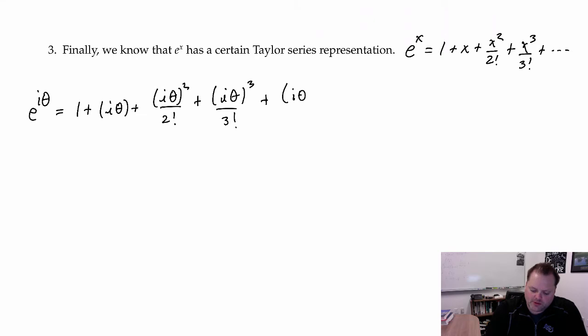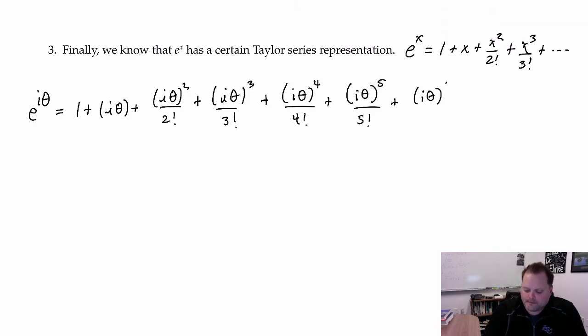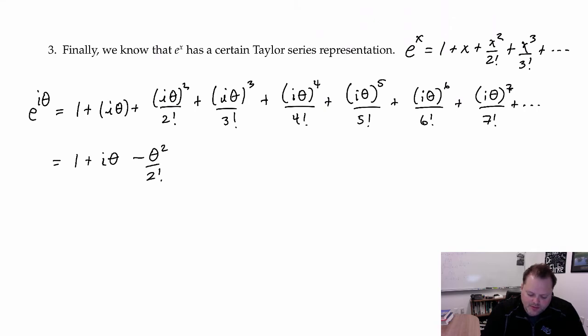I'm going to go out a couple more terms here, and so on. What I want you to observe is something that happens. i squared is -1, so this term is negative theta squared over 2 factorial.